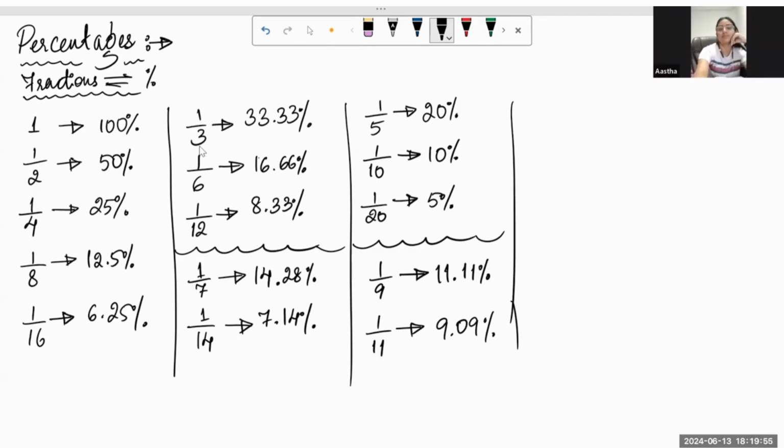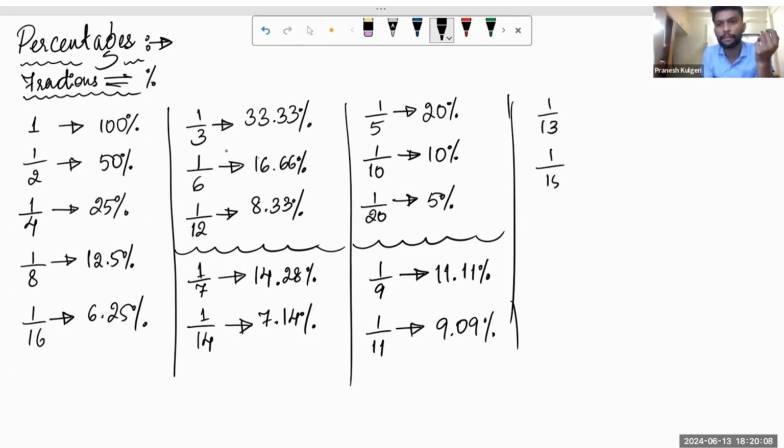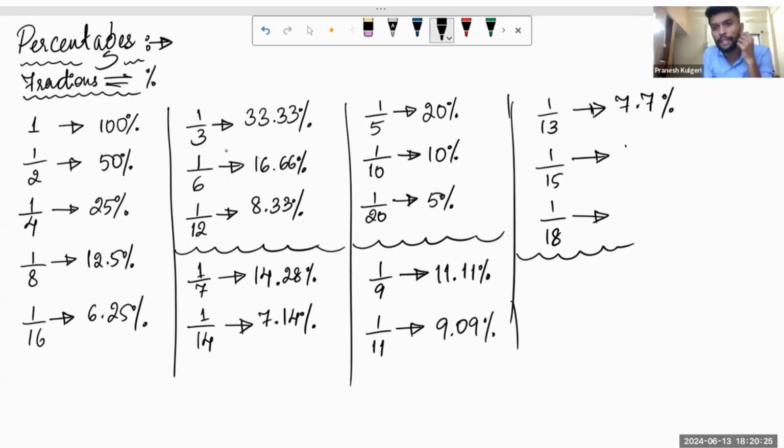Now you have 5 numbers left, out of which 2 are important, and 3 are easy to remember. In fact, I would not say important, every number is important. 1 by 13, 1 by 15, and 1 by 18. Very easy to remember. 1 by 13 is 7.7. 1 by 15 is 6.6.